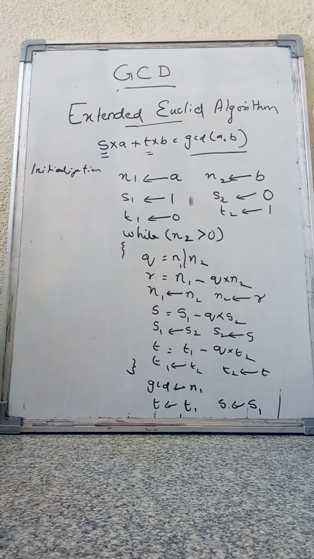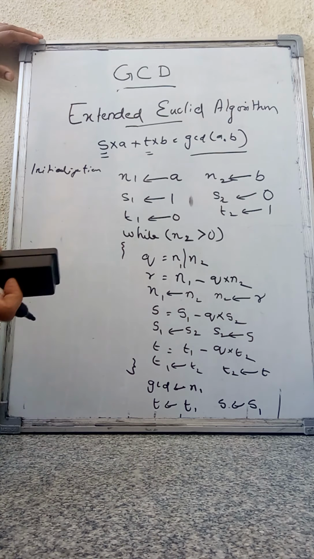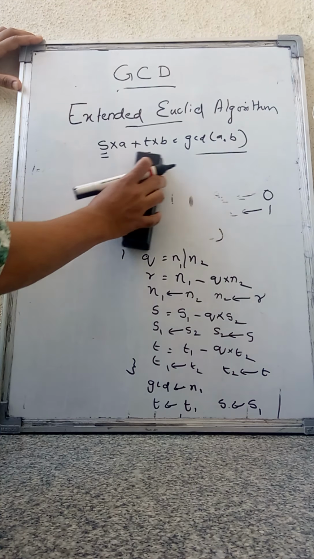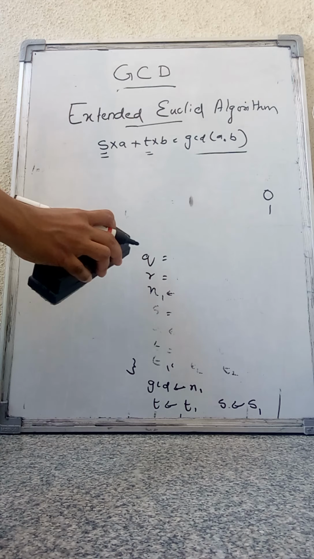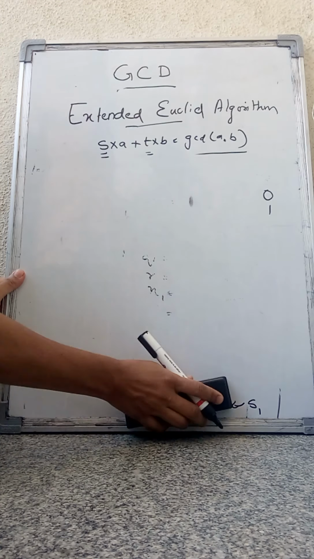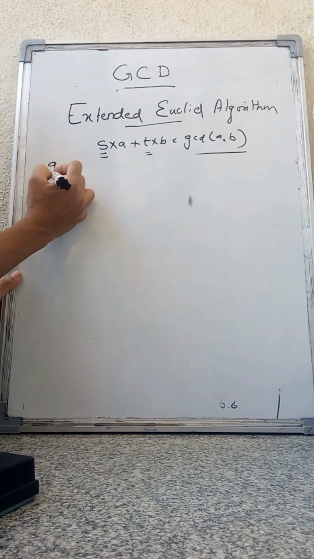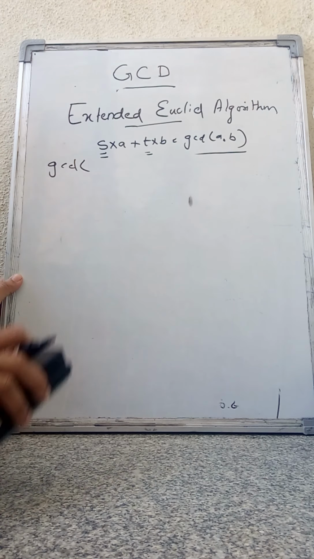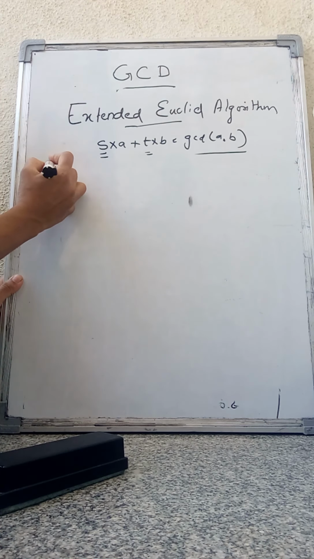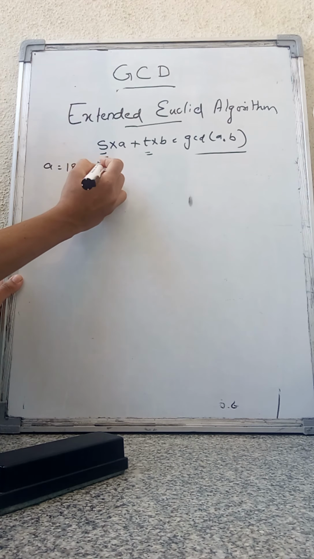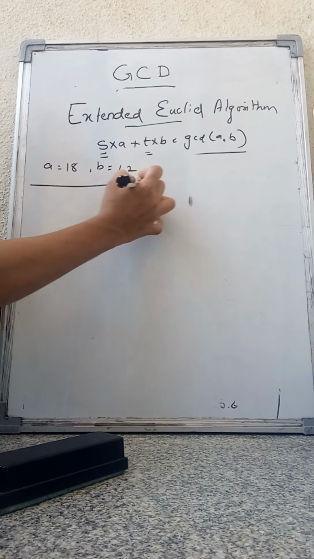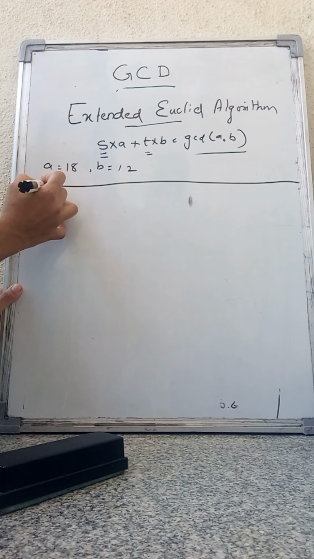This you have to write and practice a few times. I'll show how to solve a few problems. I'll show a simple one first: a is equal to 18, b is equal to 12. Here it's a little bigger table.